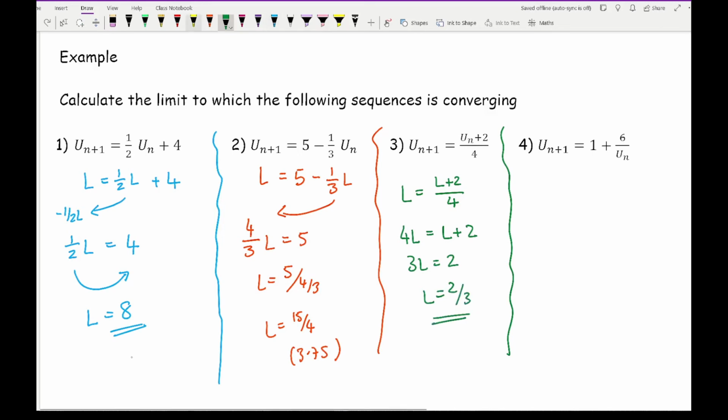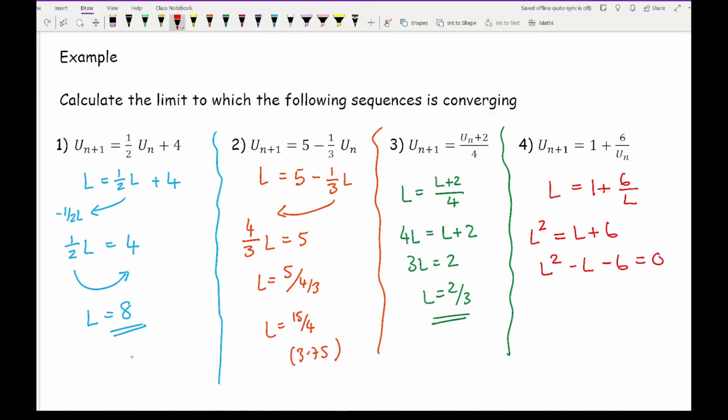And then finally, let's go for red, for question 4, again replacing all the iterative values with L, and then obviously we can multiply everything by L. So here we end up with L squared equals L plus 6, and then I end up with L squared minus L minus 6 equals 0.